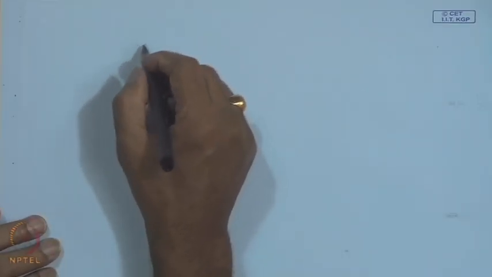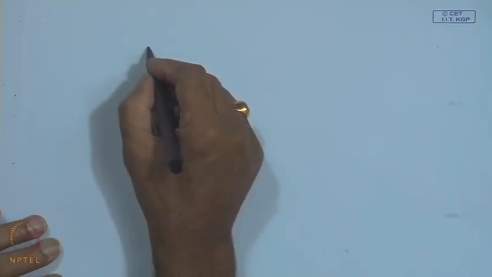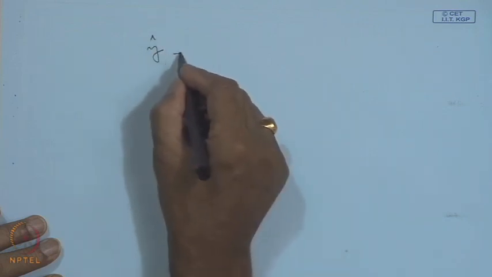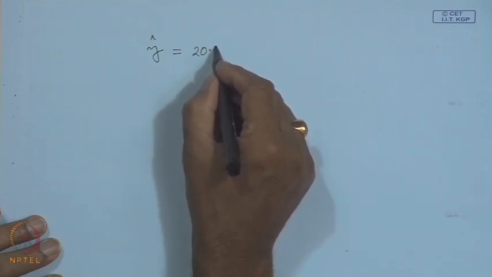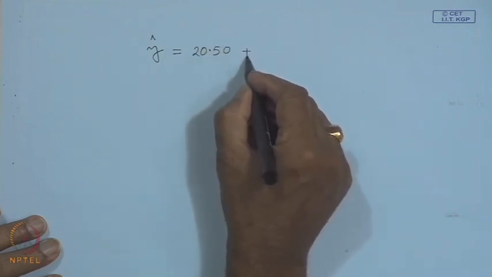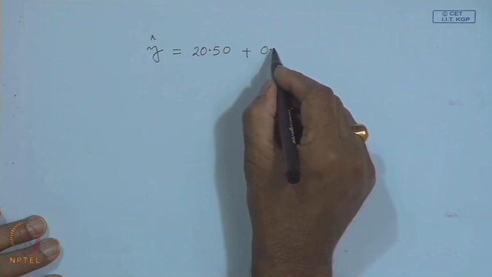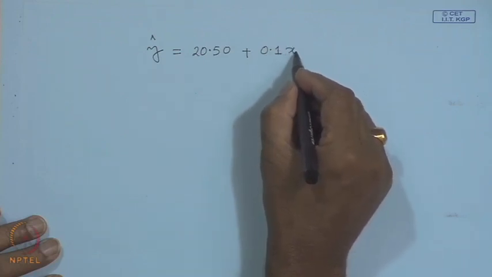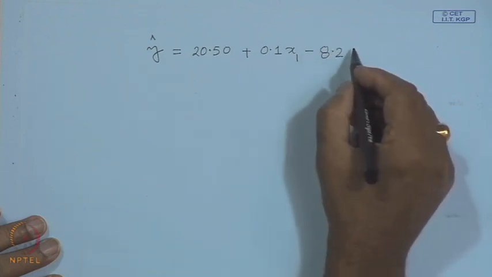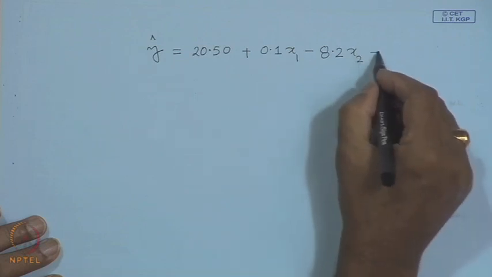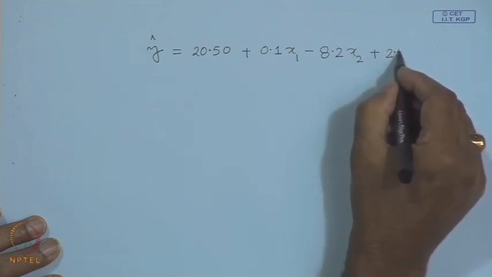Suppose by regression modeling I get a model such as this: 20.50 plus 0.1 x 1 minus 8.2 x 2 plus 2.5 x 3.